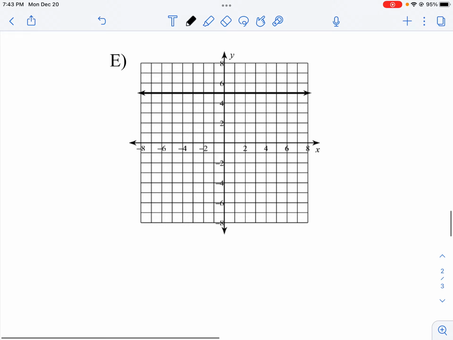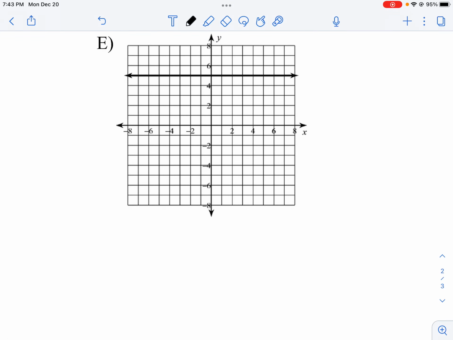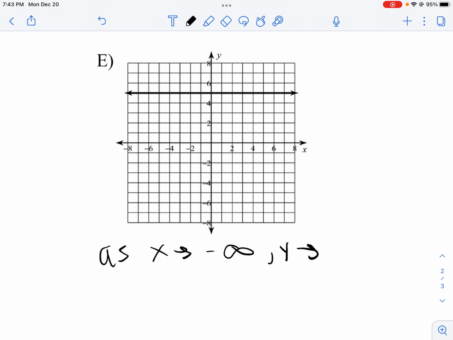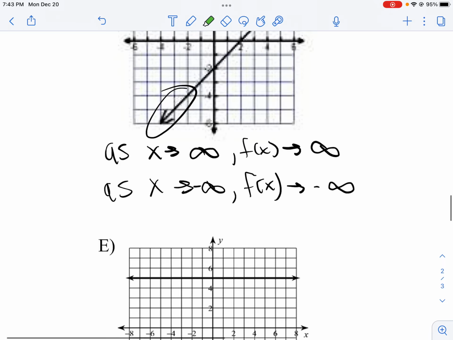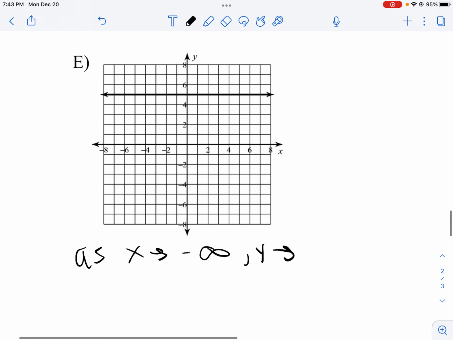Now E and F are special cases. Let's think about it this way. Let's do our left behavior first. So as x goes to the left, our y, our f of x, I'd look at this and say, oh, by the way, this is totally a valid thing to do instead of putting f of x. Our y, we'll notice, is that arrow going up or down at all?